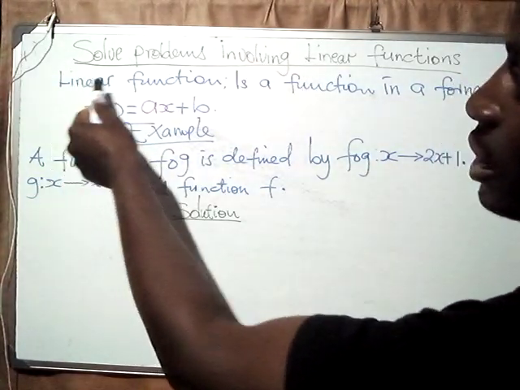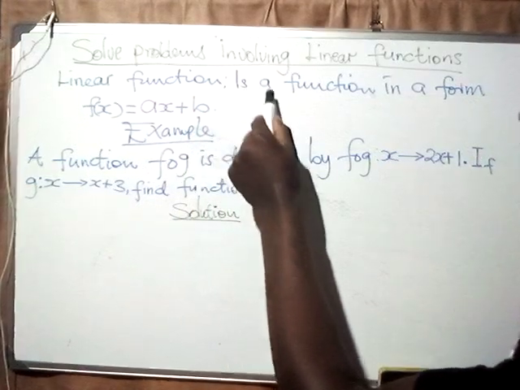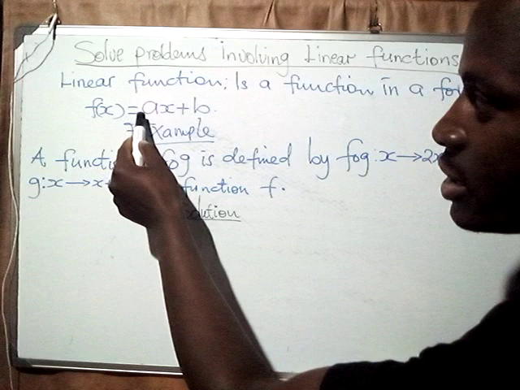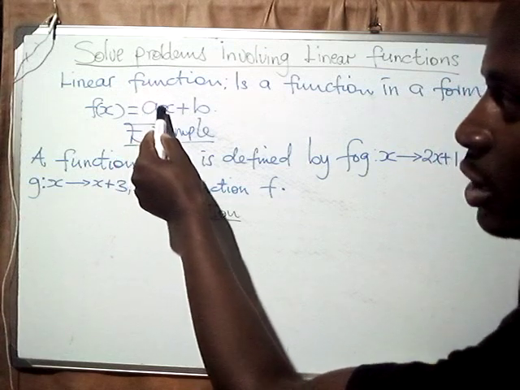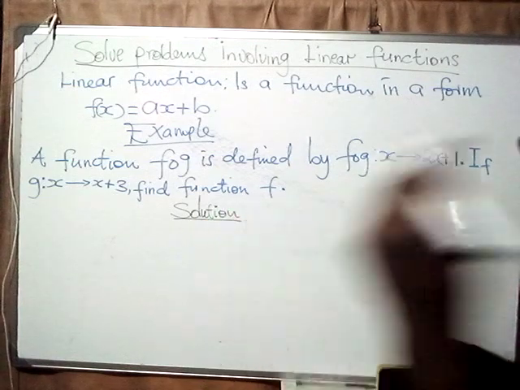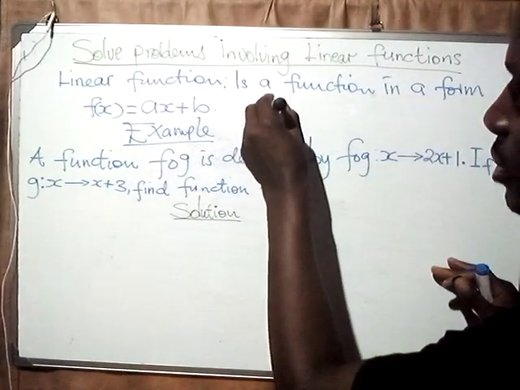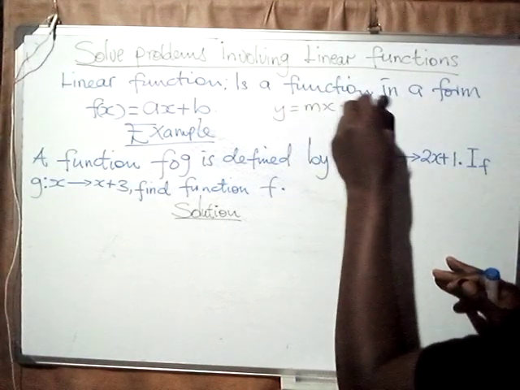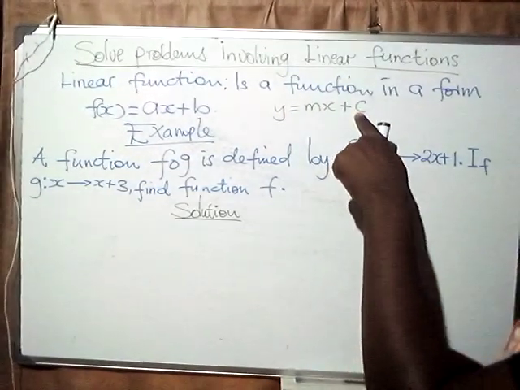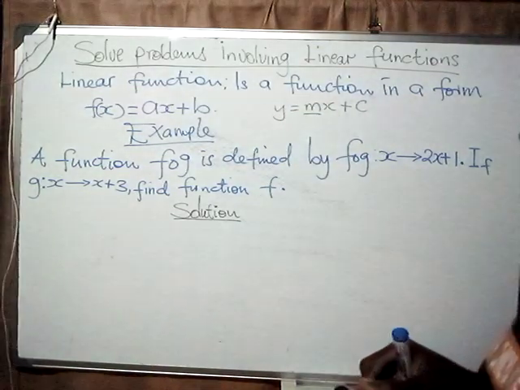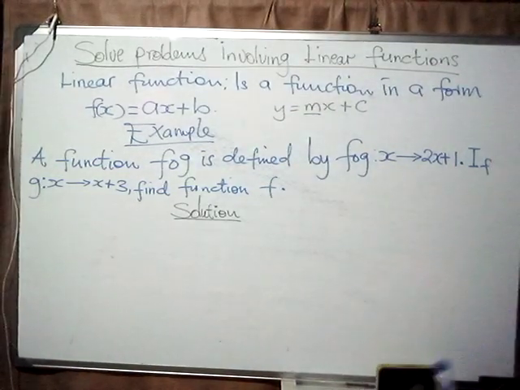We are told that a linear function is a function in the form f of x is equal to ax plus b. Remember the linear function under coordinate geometry, we said y is equal to mx plus c, where c is the y-intercept and m is the gradient.